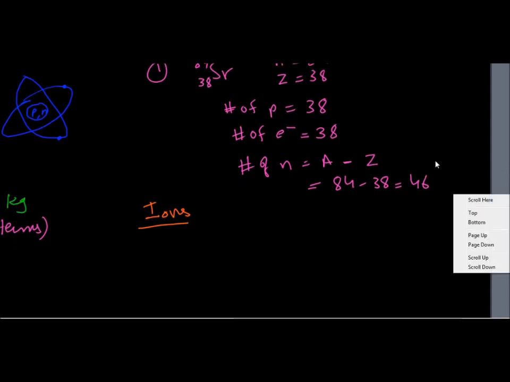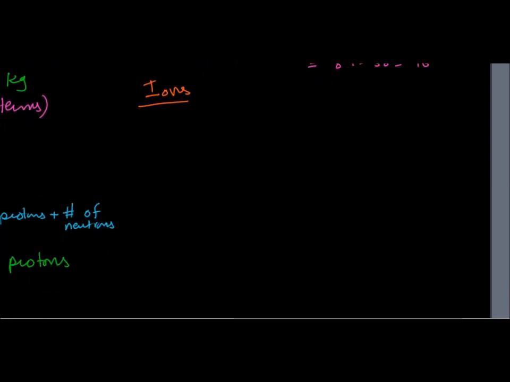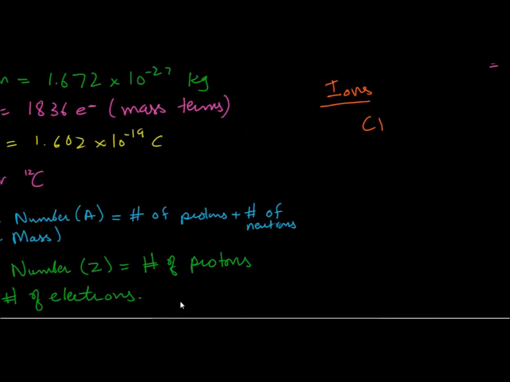So ions are charged species. These are just like atoms, but they have charge. The way an ion forms is, let's say you have a chlorine atom. Let's go to the periodic table and look at chlorine's atomic number.